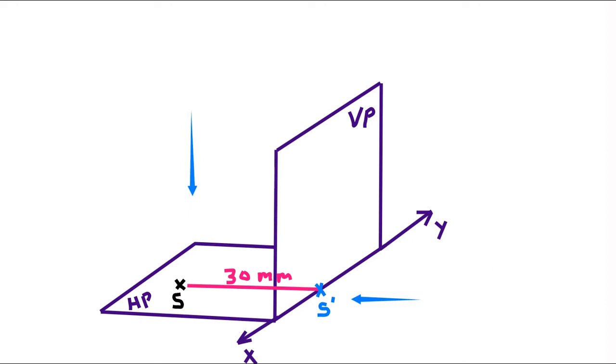So the top view of point S will be the same point. Now we know that VP will remain as it is and HP will be rotated 90° in clockwise direction. So top view of point S will move in this direction, and that will be 30 mm above XY.